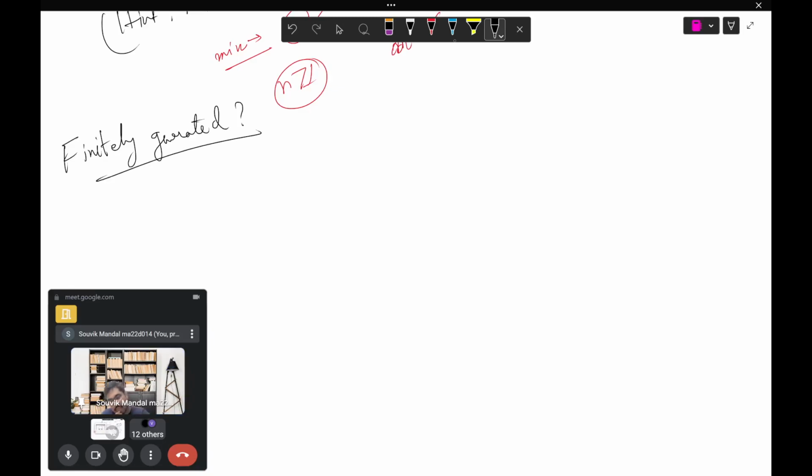Any element can be expressed as a finite product in the group operation. If g1, g2, ..., gr are elements of the group, then any element g can be written as a product of the gi to the power ri, where the indexing set is finite.